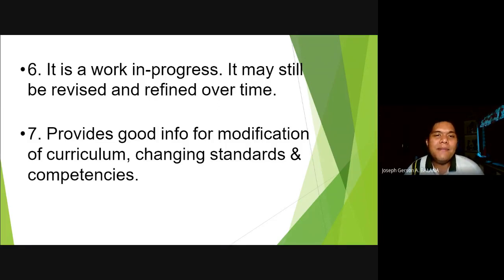Remember, in the process or the assessment, you match it to your students and their competencies. So every year, there are different kinds of students, and you adapt it to fit them. Then it provides good information for modification of curriculum, changing standards, and competencies.